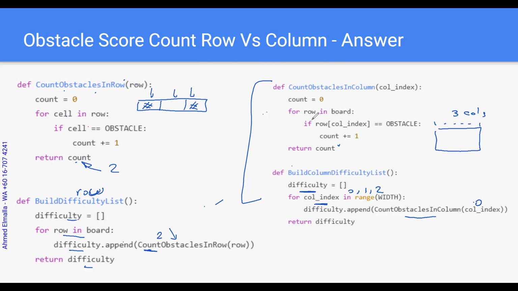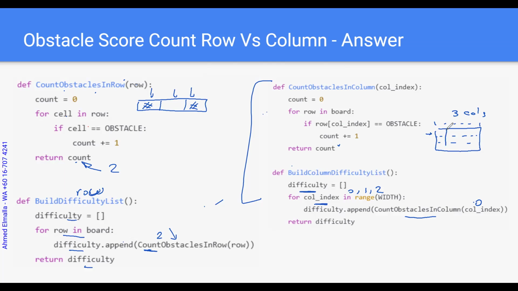So if you see here, now we're looping not for every column in the row, but actually we're going through every row on the board. So for every row here, we will actually check.